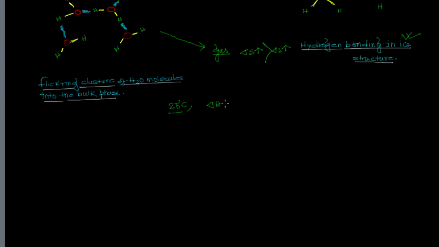the delta H, the enthalpy required to break down the hydrogen bond, is about 5.9 kJ per mole. It's required, this is the delta H, at the temperature of 25 degrees centigrade, when the H2O which is present in the solid state is converted into the liquid state.